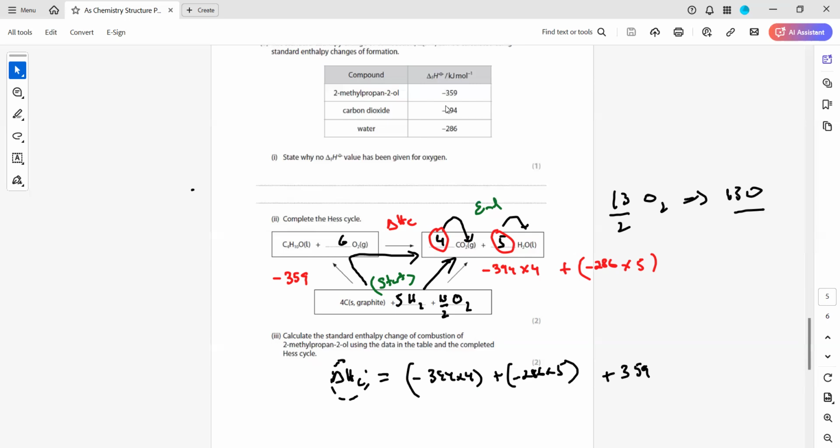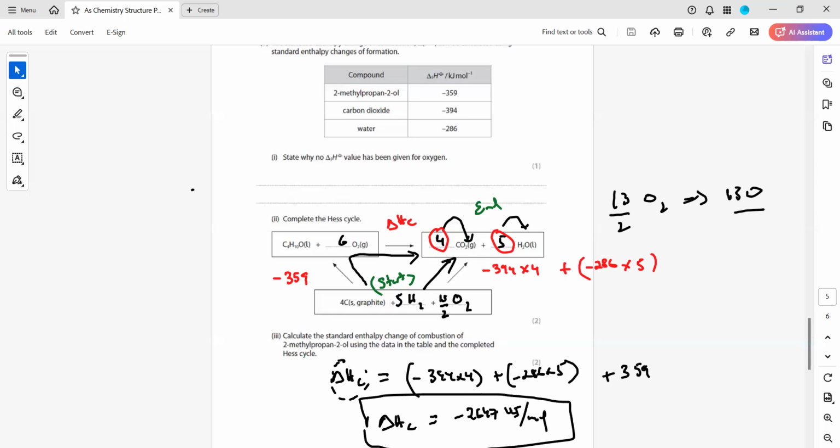Which is the enthalpy change of combustion using the Hess law, that is minus 2647. So delta H combustion is minus 2647 kilojoule per mole. So this is the enthalpy change of combustion by using the Hess law.